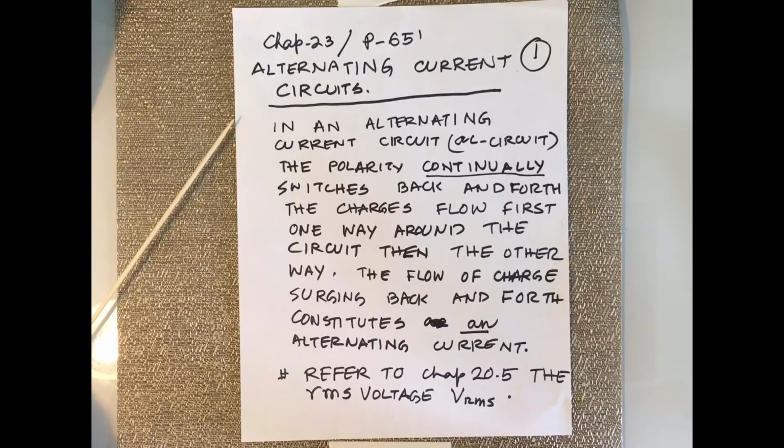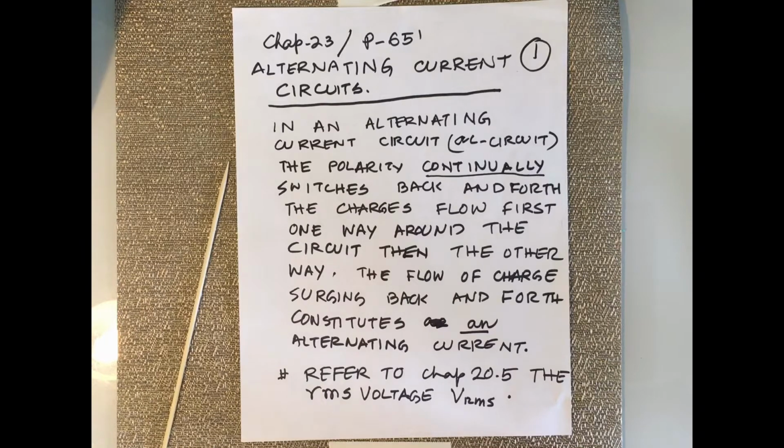We are on chapter 23, talking about alternating current circuits. As you know, alternating current is an important part in our daily life, and the circuit is built with resistors, capacitors, and inductors, and all these combinations.